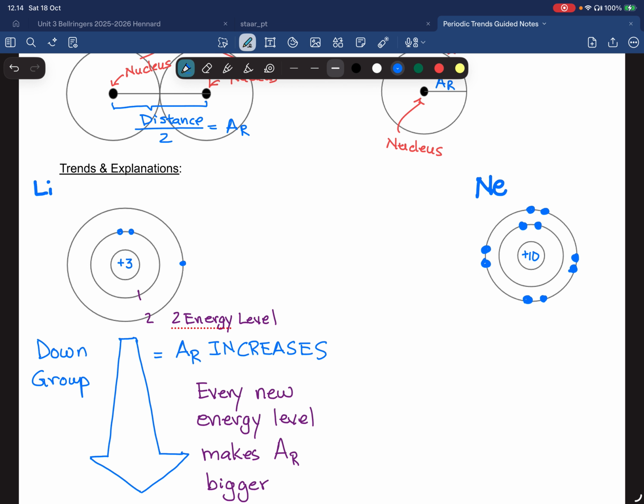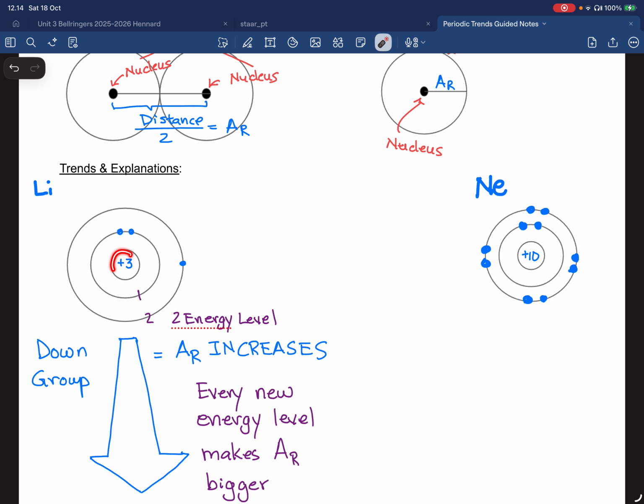The way that the atomic radius works is it's based on the attractive force between the positive nucleus and the negative electron.